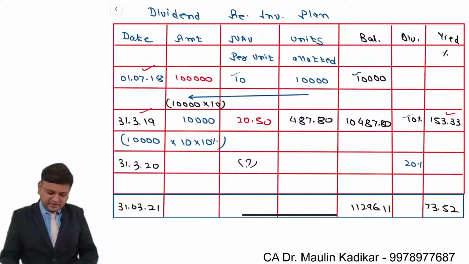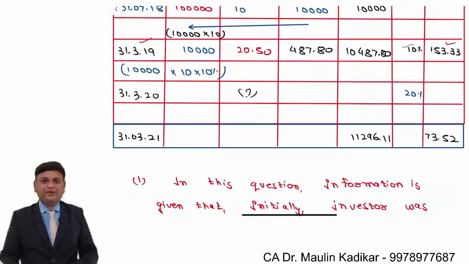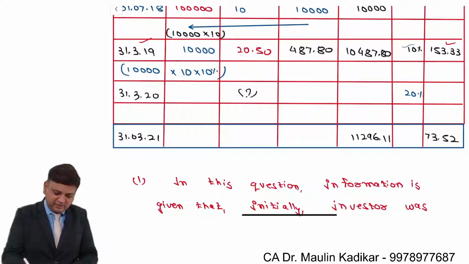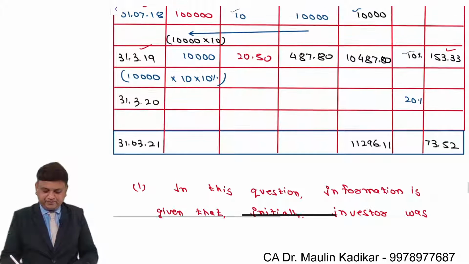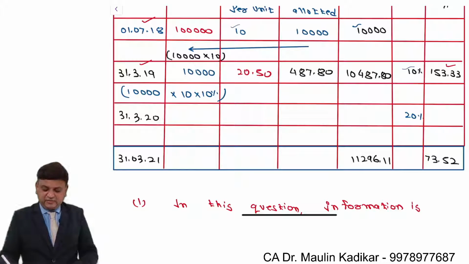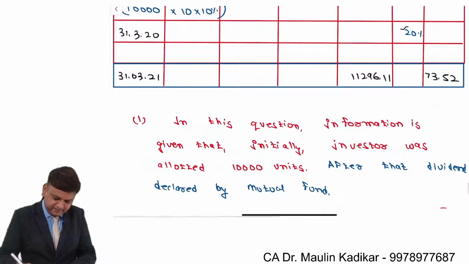Next, the question is providing the information that you are required to compute the NAV per unit on 31st of March 2020. You can see that the rate of dividend is given. So I request all of you to use your calculator to compute the amount of dividend.